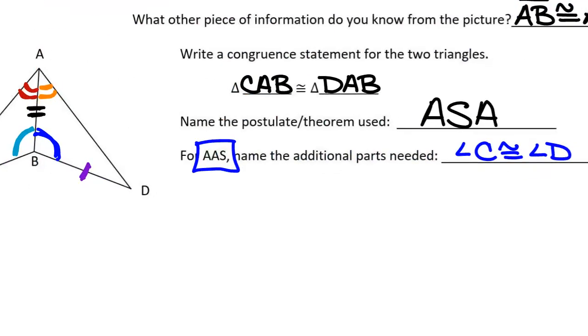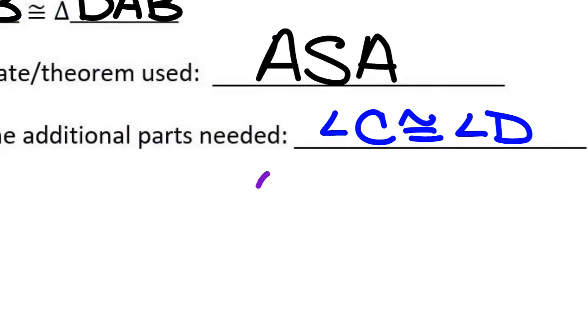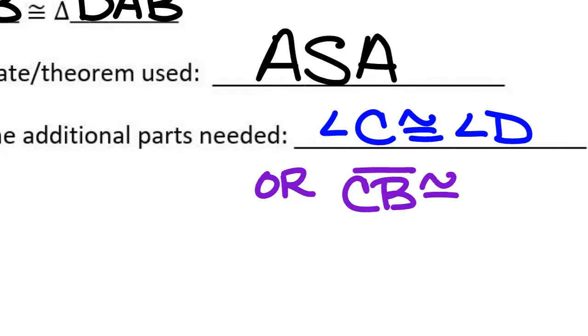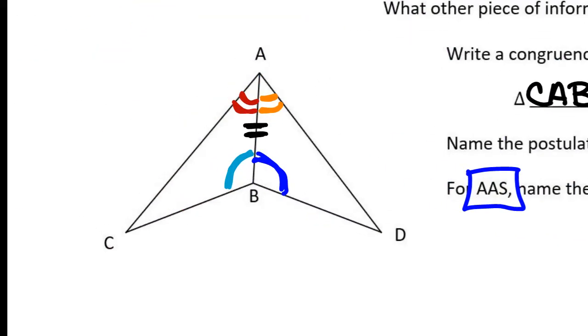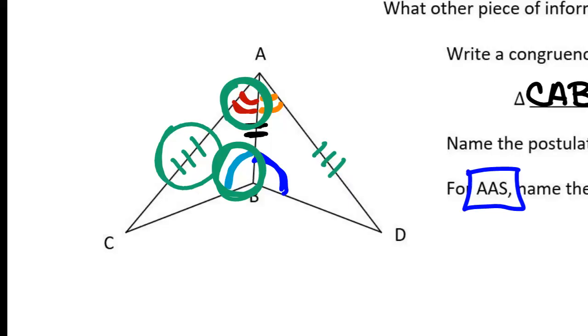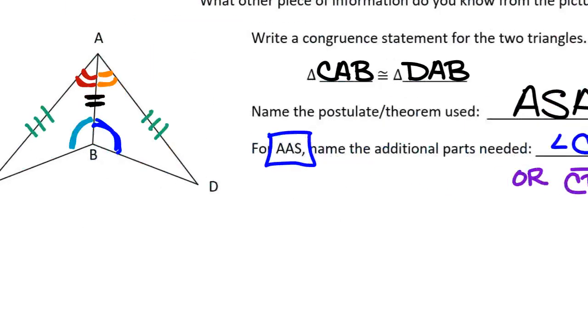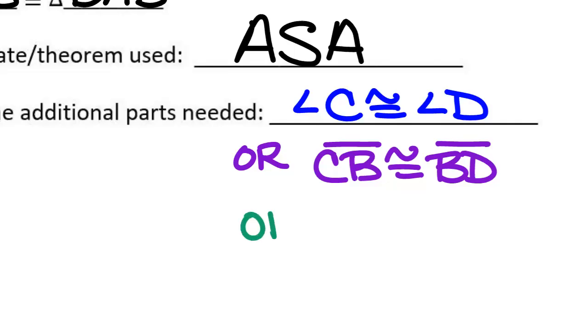So CB and BD. Or we could even go as far as saying, if I knew that AC and AD were congruent, then I could do angle, angle, side, like that. So AC and AD.